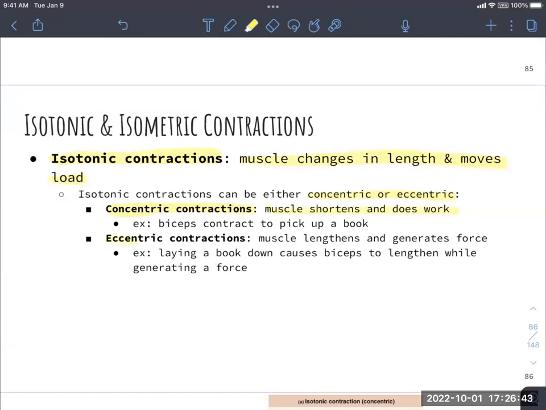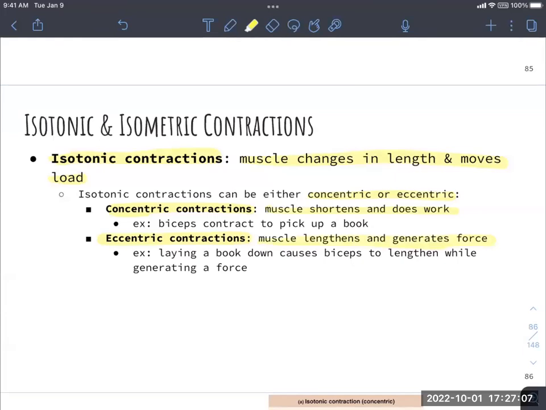An eccentric contraction, that's when the muscle lengthens and generates a force. So when you've picked your phone up, you're doing something on your phone, that's that concentric contraction to pick it up. Eccentric is when you put your phone back down.